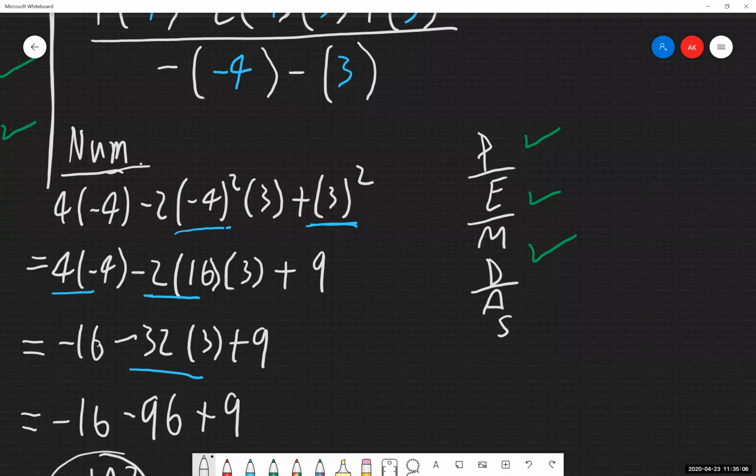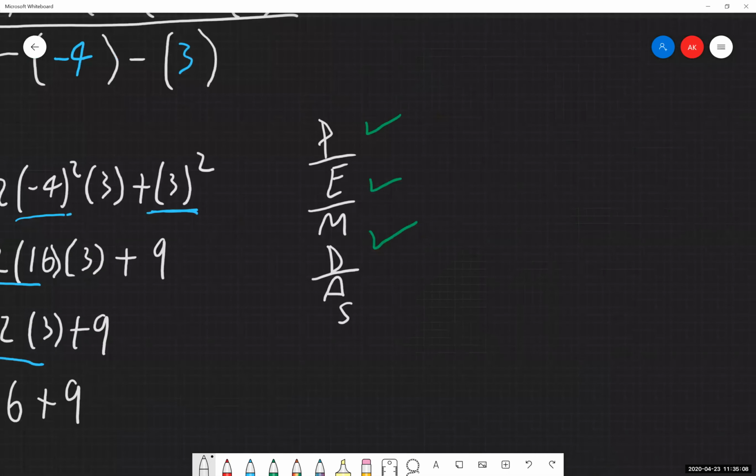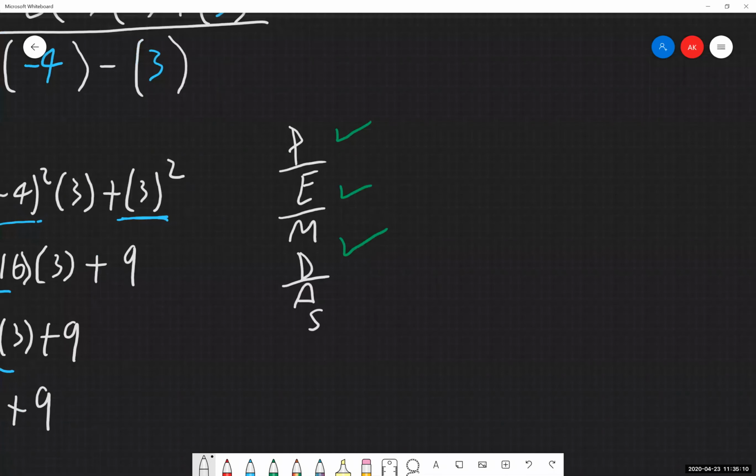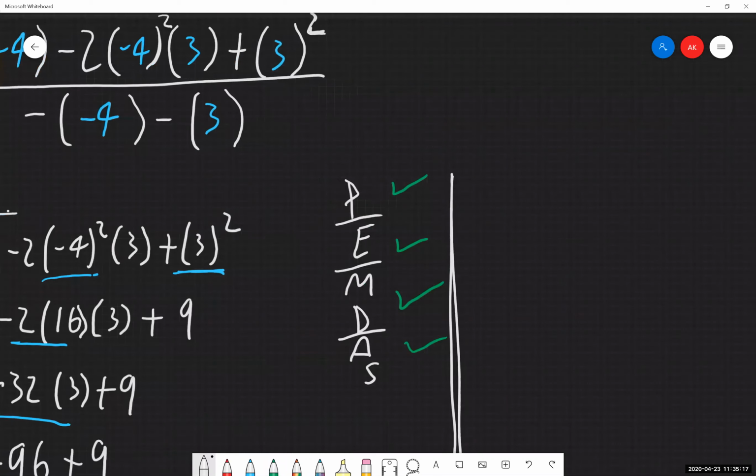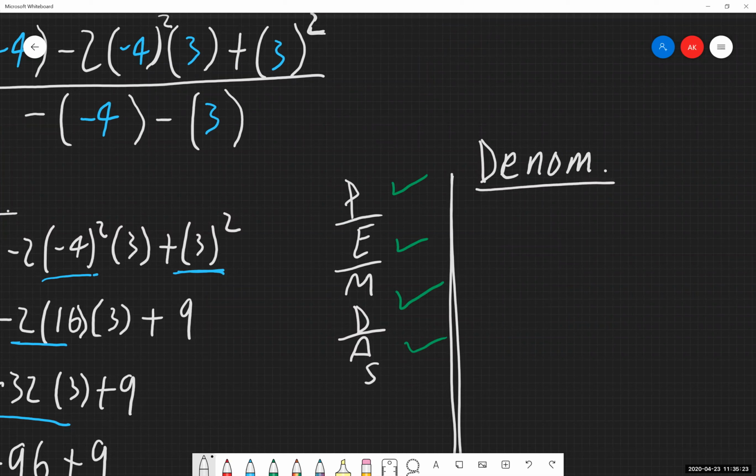So now we need to work with our denominator, which looks like it's not going to be nearly as in-depth, but we'll work with it all the same. For our denominator, label this. With our denominator, we have -4 minus 3.